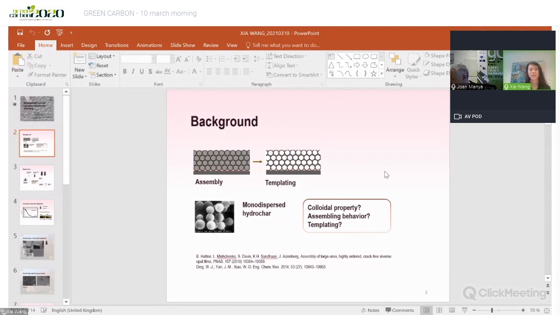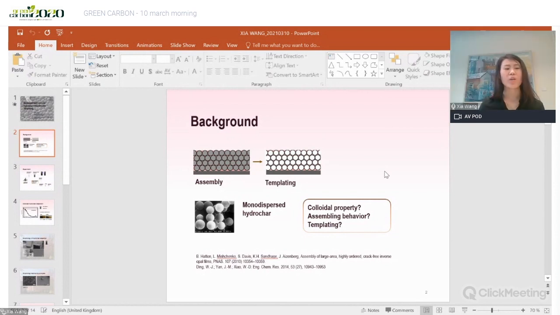So we have studied hydrochar for many years till now, in terms of the synthesis, the chemical and physical properties, and also the applications. But we seem to not notice the colloidal property, the assembling behavior, and templating possibilities.